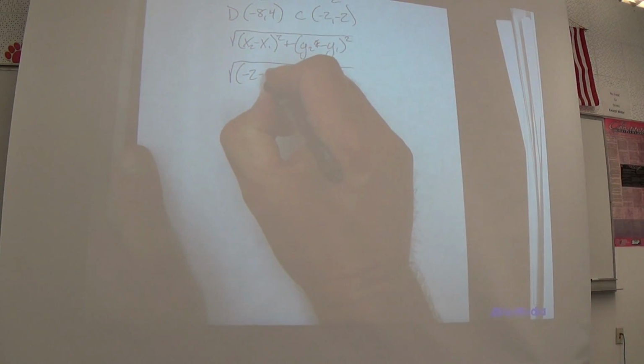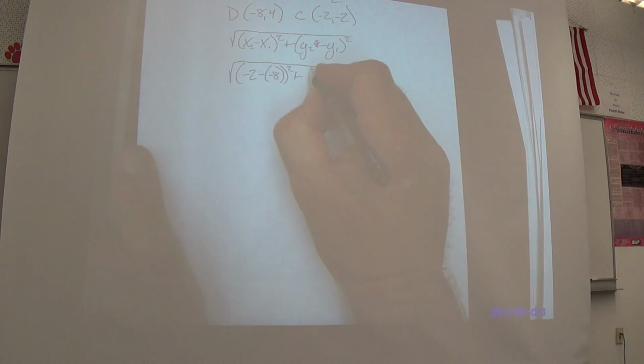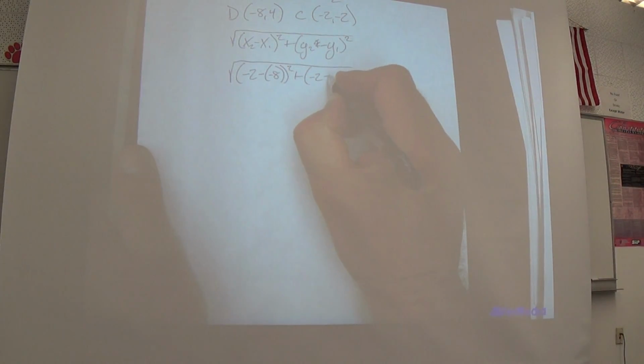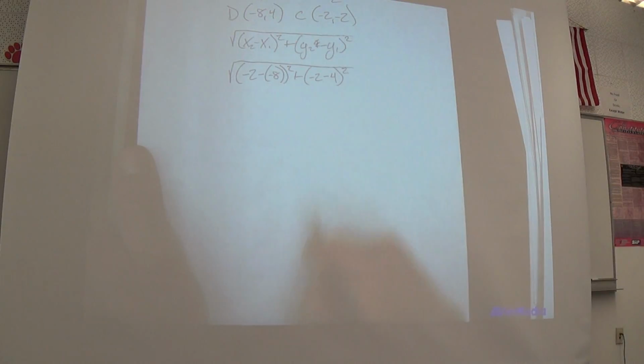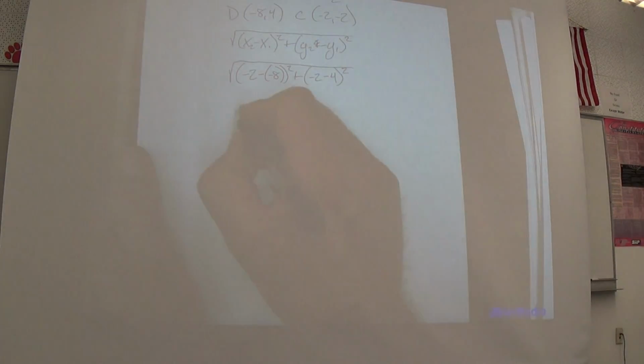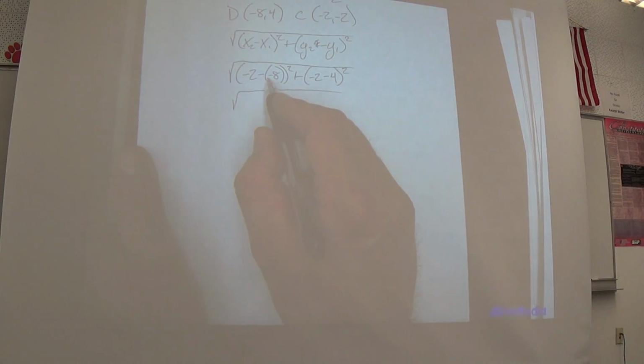So we're going to have -2 minus a -8 squared plus a -2 minus 4 squared. Well, -2 minus a -8 is +6. So now we have 6 squared, and I know where you got your 12 now.